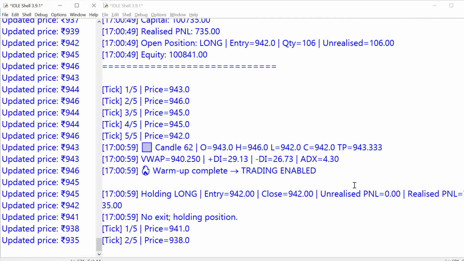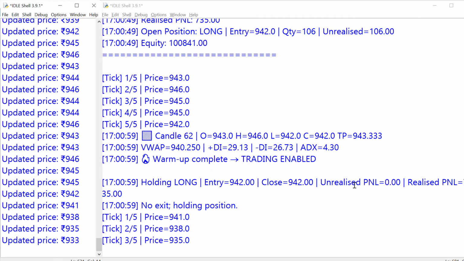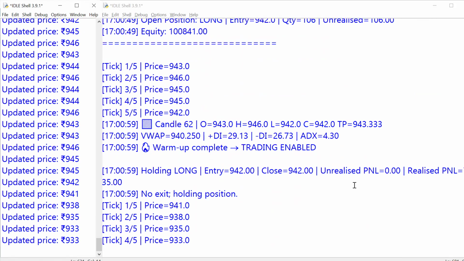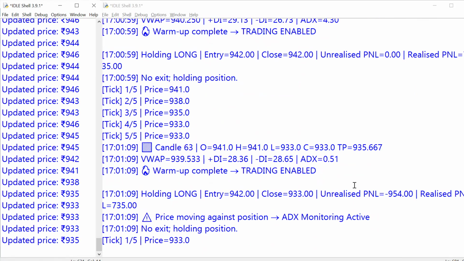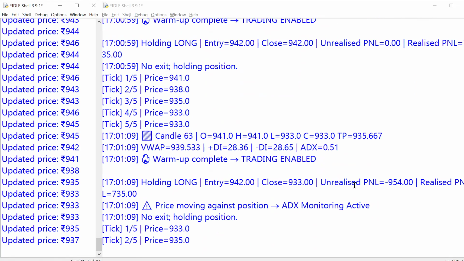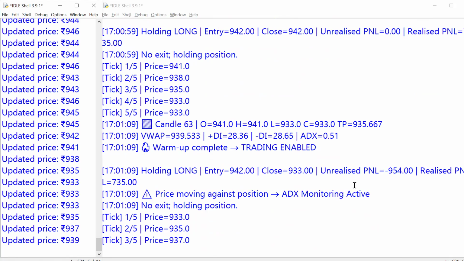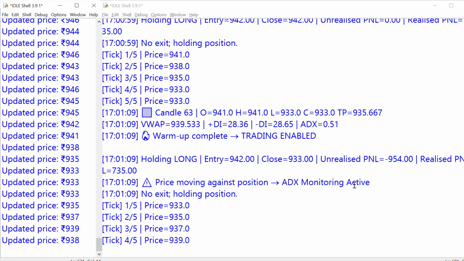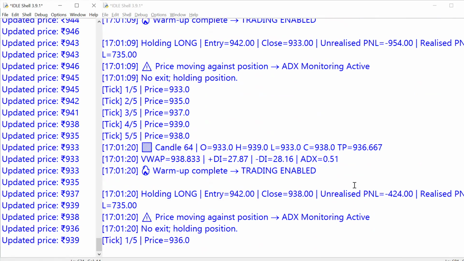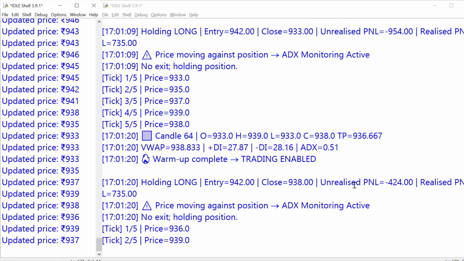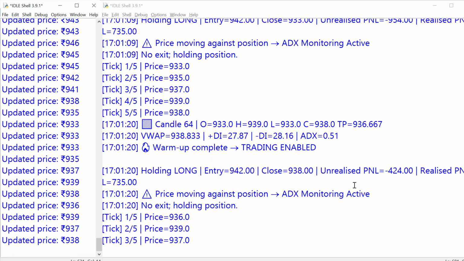We are holding the position. Okay, the price goes below, and ADX starts monitoring. It says, let me check whether the trend has changed or not. If the trend does not change, I will not book the stop loss. Again, the ADX is monitoring.